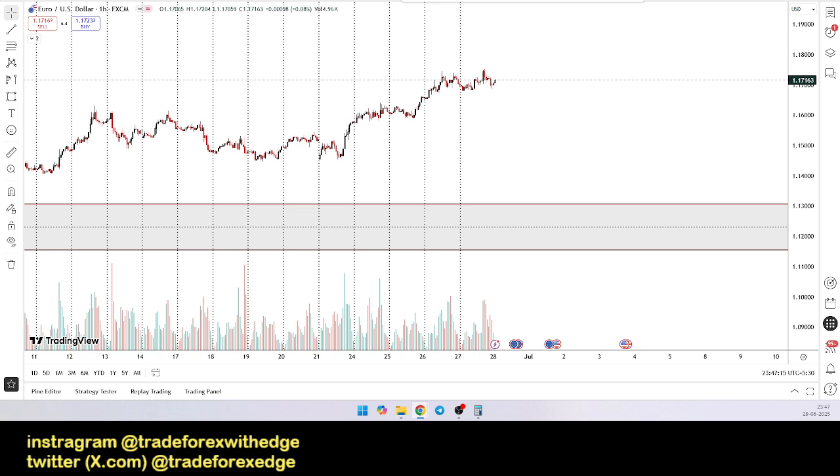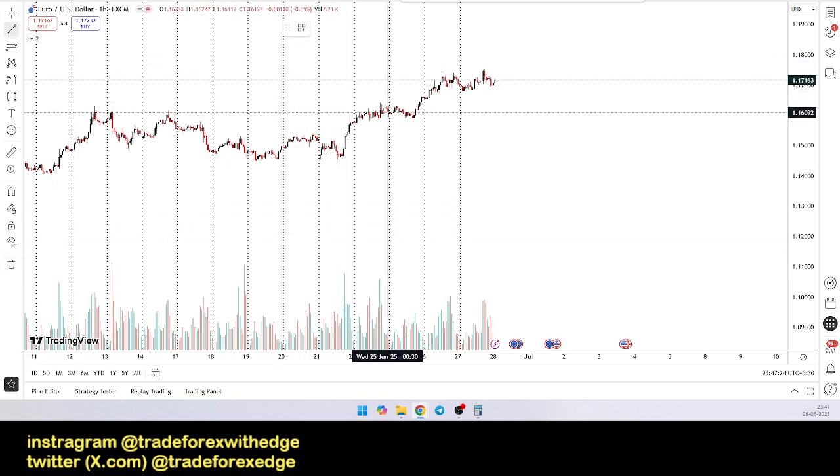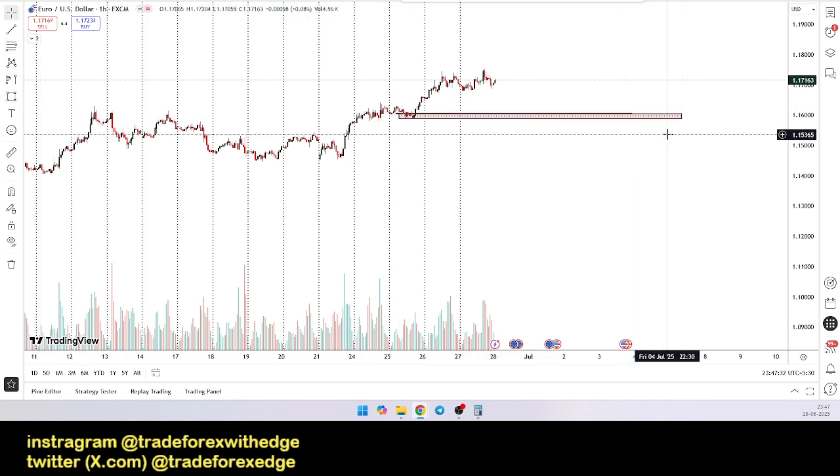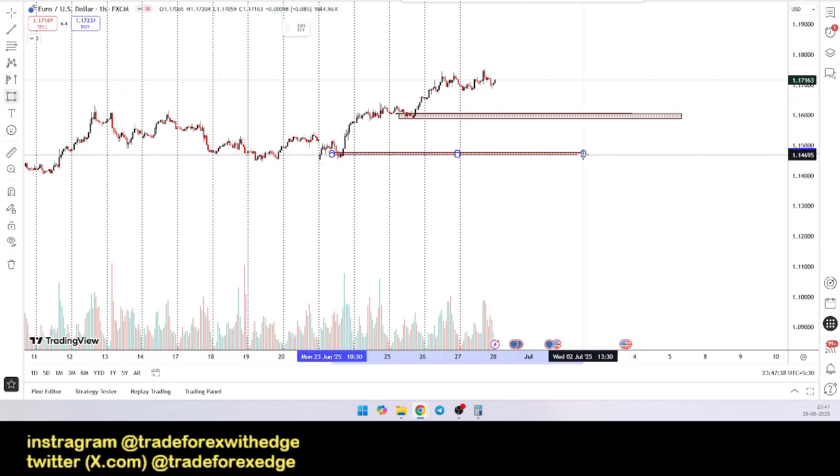But beneath us, we can see the small order blocks around 1.160. So here you can see there is an order block around this zone, right? So in this zone, if we get the Euro USD pair, this is a very ideal level to look for a long entry. And if we get another long entry, that could be around this zone.